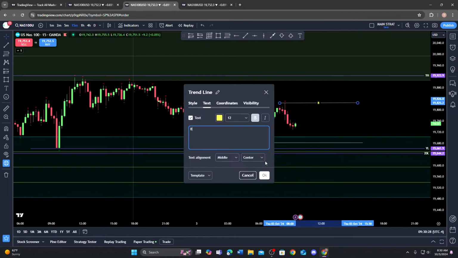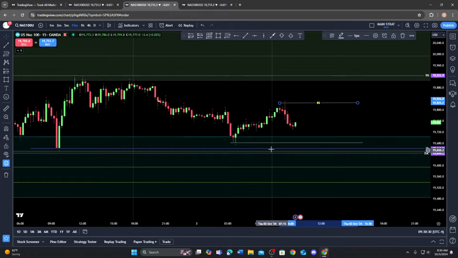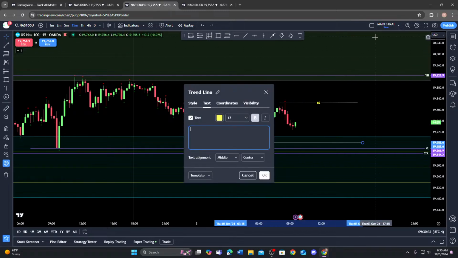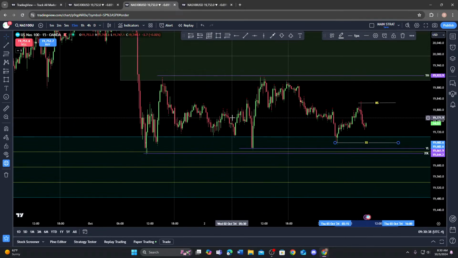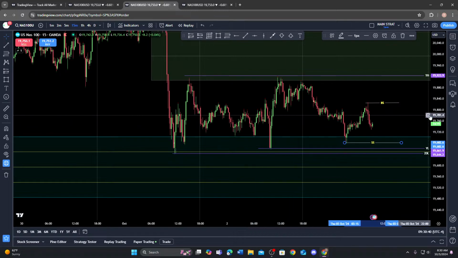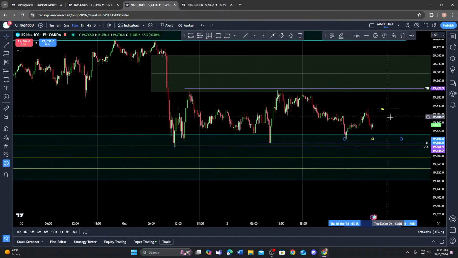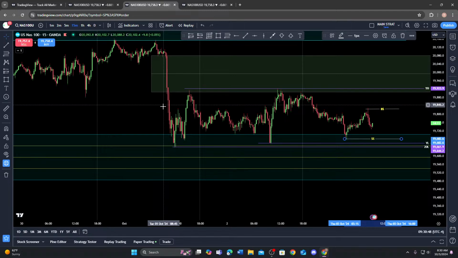Buy side. The range, we're kind of in the consolidation right now. The range that we are trading in is this one right here.